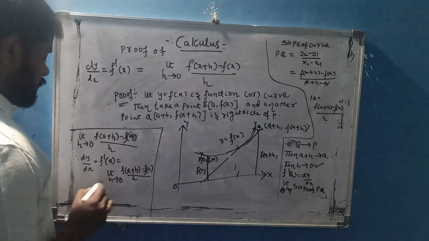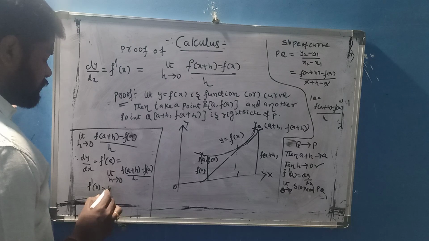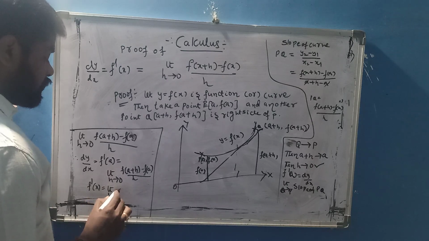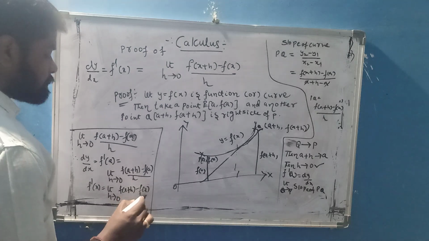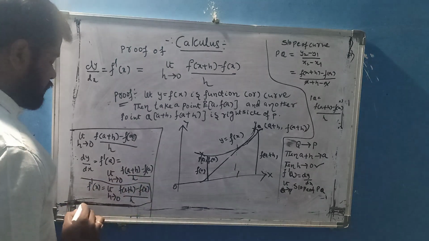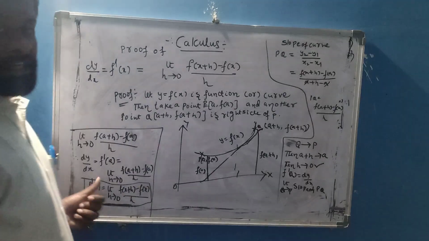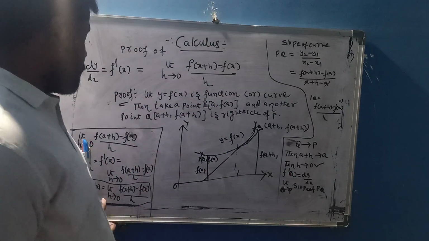Now replacing a with x, f dash of x equals the limit h tends to 0 of f of x plus h minus f of x by h. This is the formula of differentiation of a function. This is the concept. Remember this formula.